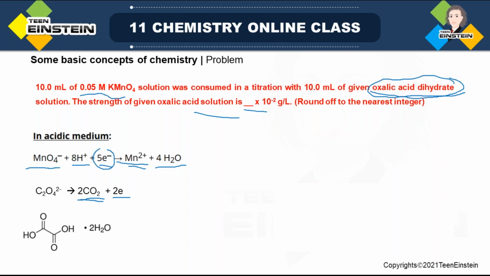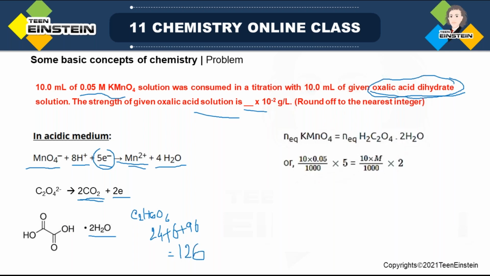Now, this is actually the formula of oxalic acid dihydrate. You also have to consider this. And remember, if you write the formula, it is C2H6O6. And if you follow this formula, that is considering dihydrate, it will be 24 plus 6 plus 96 for oxygen. So molar mass will be 126. Why I am calculating this, you will need it after some time.